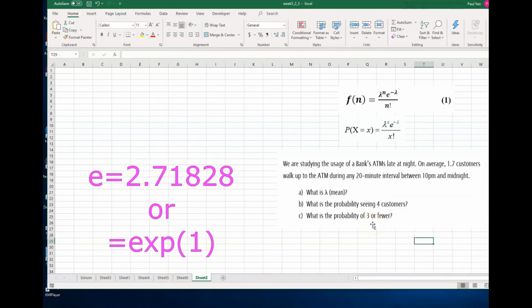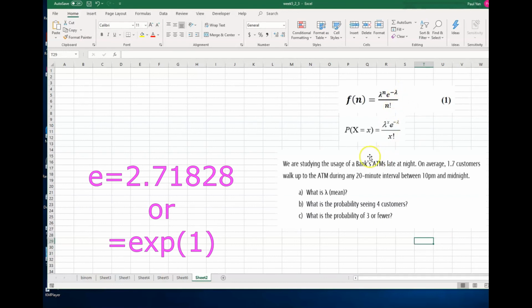Let's look at a simple example related to the Poisson distribution. I put two formulas here. Actually, they are identical. The first one is a function. n is the independent variable, the input variable, and lambda is the mean, and the power is n, and e is the exponential value. n is factorial.